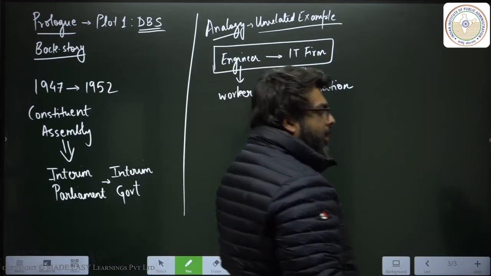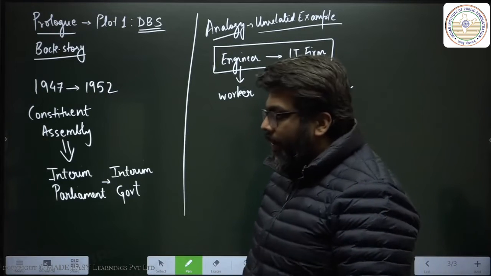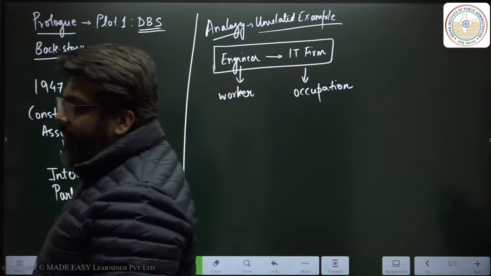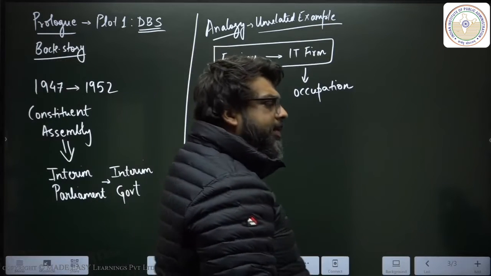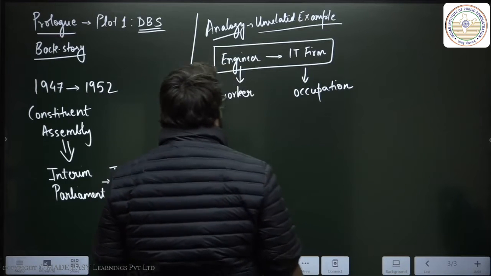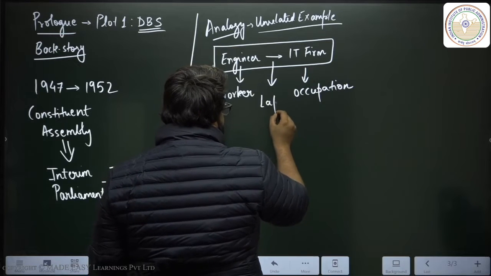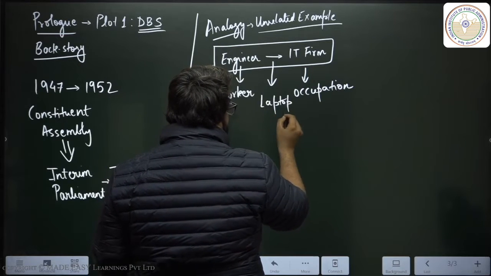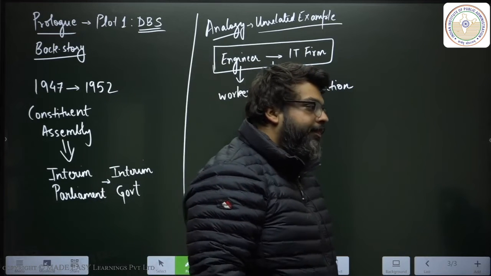Now, your IT firm may not give you a proper cabin, may not give you proper benefits, may give you some extra benefits, whatever the case might be. But the one thing is for sure, that every engineer is going to be given a laptop or a computer so that they can do their job.